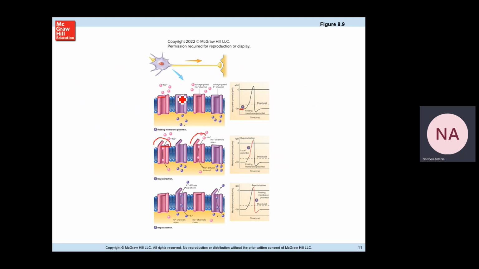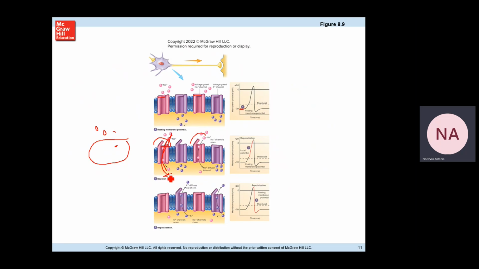Initially, ang mga sodium channels nakasara. But when an action potential arrives, sodium channels will open. When sodium channels open, it will result in the influx of sodium ions. Sabi natin during the resting membrane potential, mas maraming sodium sa labas kaysa sa loob. So therefore, it will result in a sudden influx of sodium.